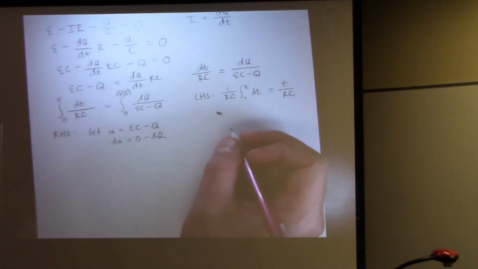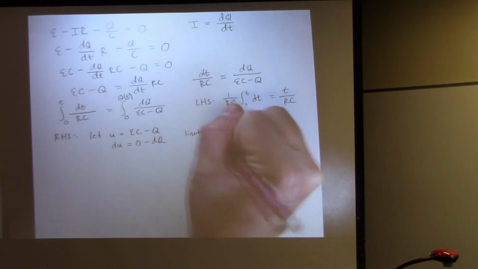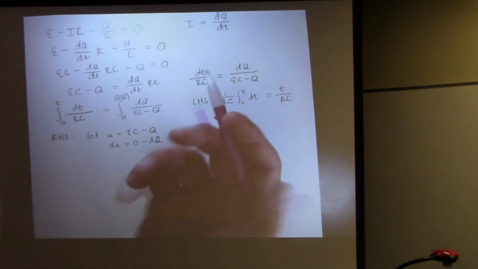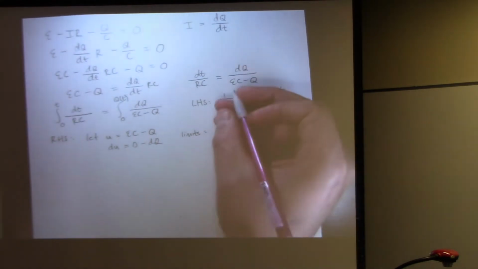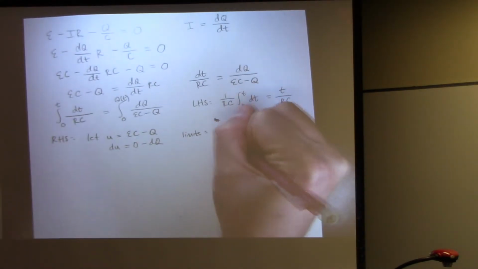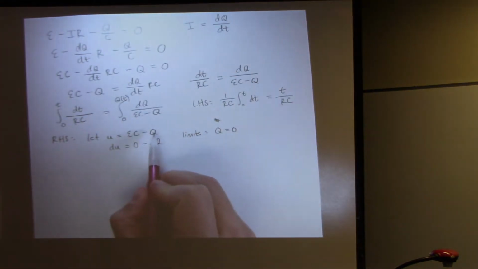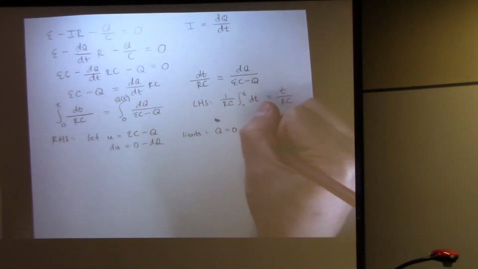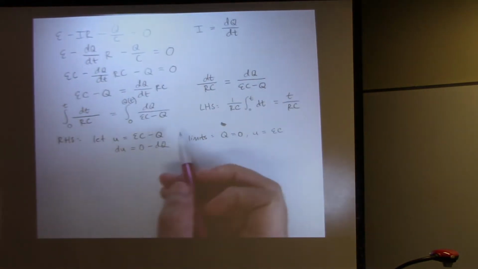Okay, we also have to think about the limits, because if I'm changing my variable from q to u, I need to change the limits of integration as well. So my bottom limit was q is equal to 0, but when I plug in 0 into my expression for u, I'm just going to get u is equal to epsilon times c. Okay?